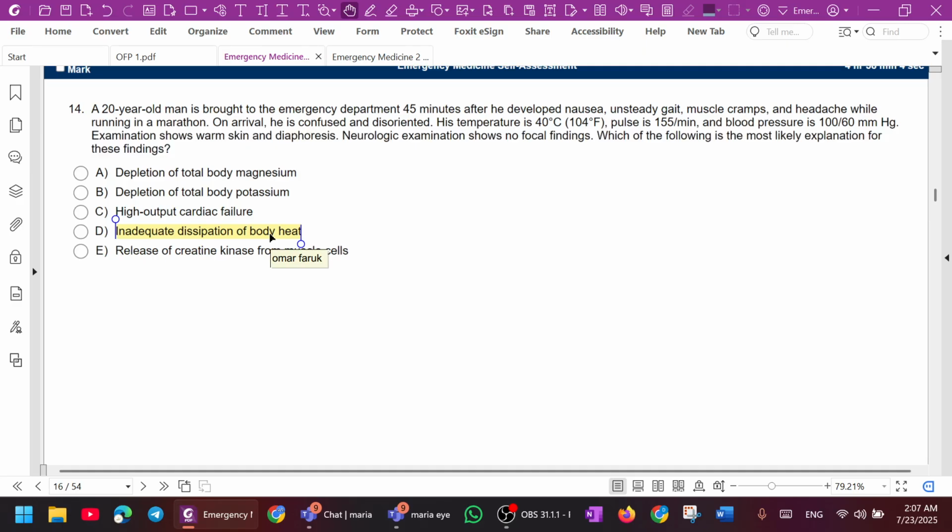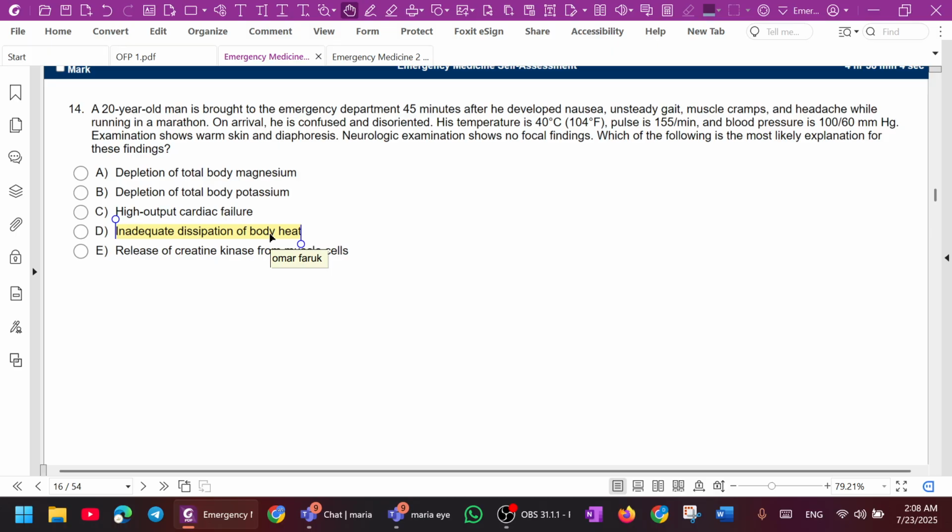Why is everything hyper? Hyperchloremia, hypernatremia. Why is everything hyper in heat exhaustion? Because in heat exertion, hyperkalemia happens.